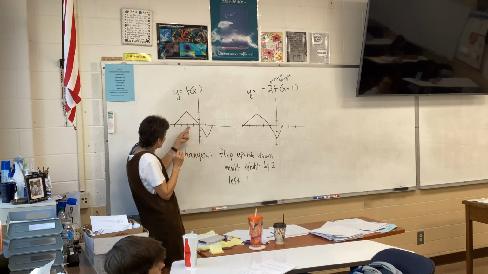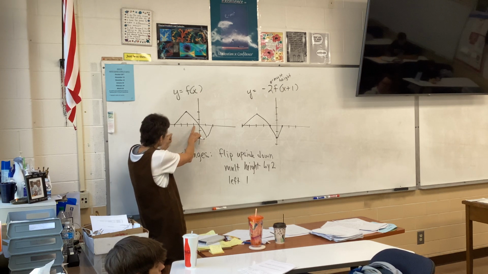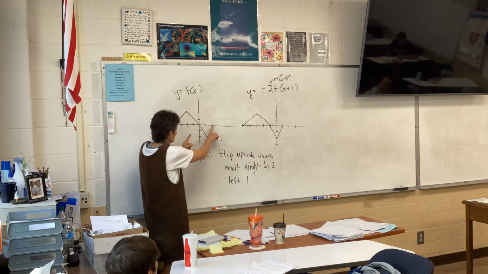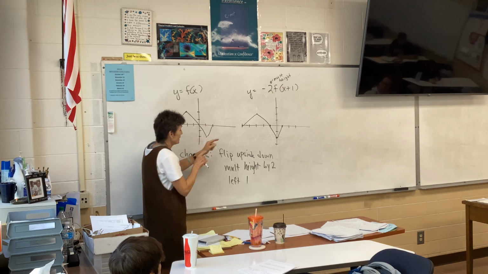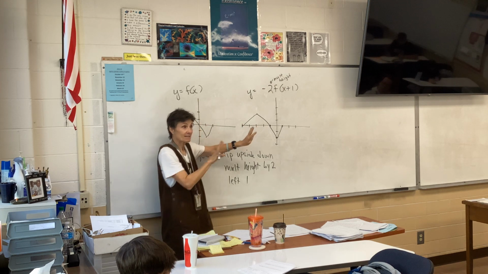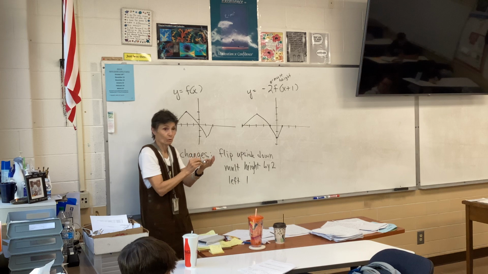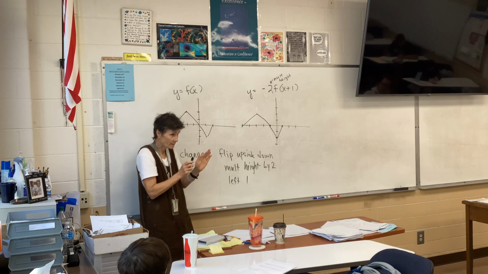So that triangle just shifted over to here now. And this triangle shifted over to here. Does that make sense to you? You might not do it in this order, but did that make sense to you that I moved it 1 to the left?